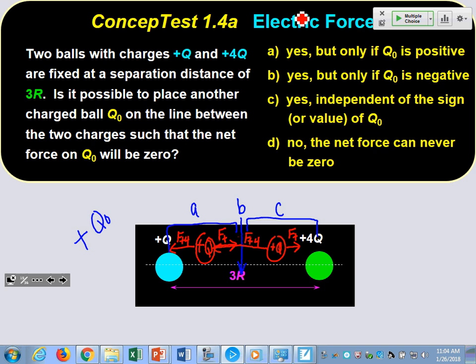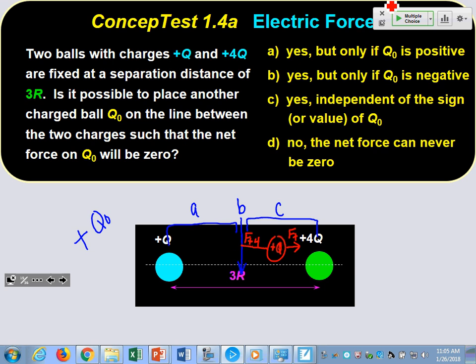Taylor? So that was negative or B and C, right? That's right. No, that's wrong. Yeah, let's draw it. That's a good question.